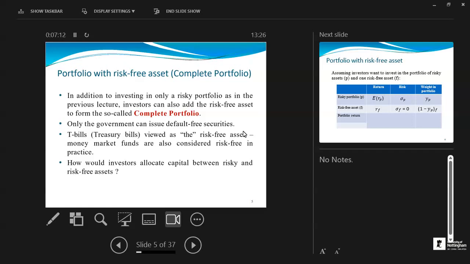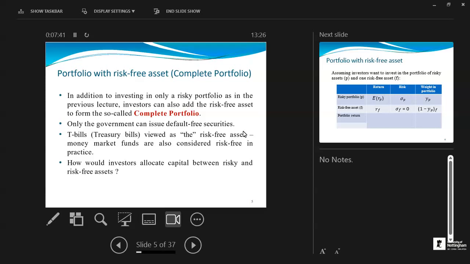Let's say you have a treasury bill from a country that's close to bankruptcy, would you call it a risk-free asset? It's no longer a risk-free asset, right?